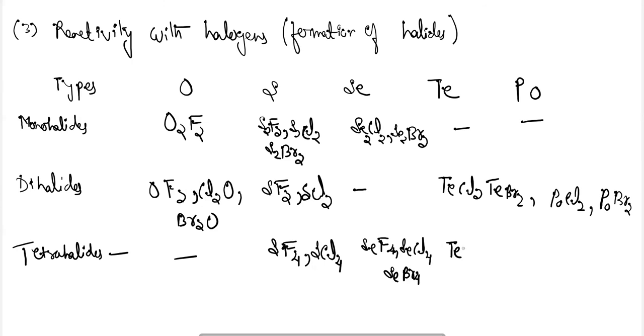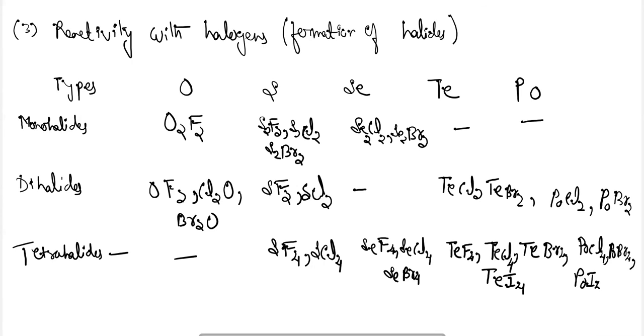Tellurium forms tetrahalides with fluorine, chlorine, bromine, and iodine also. Tetraiodide can also be found. In the case of polonium, only chloride, bromide, and iodide are possible. Fluoride is not possible in the case of polonium.